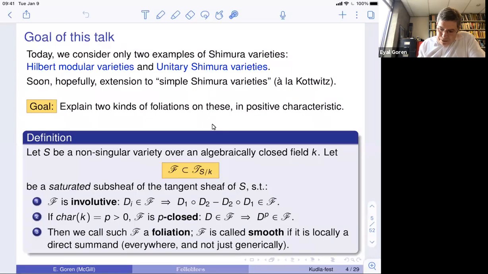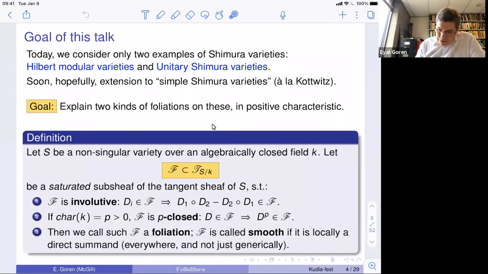Namely, if we think about sections of T as derivations, we can calculate their Lie brackets, namely compose them in two different ways and take the difference. That's another derivation. The first condition we put on F is that it's involutive, namely that it's closed under those brackets. We also want it to be a saturated subsheaf, so if we take the quotient of T modulo F as an O_S-module, it should be torsion-free.